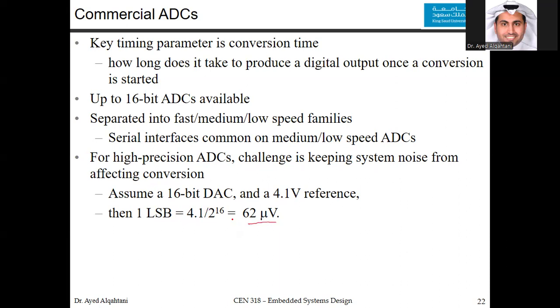So the slightest noise can move you from one level to the next. So you should be careful. If you increase the resolution, the noise factor comes into the picture, and you need to be aware of it.